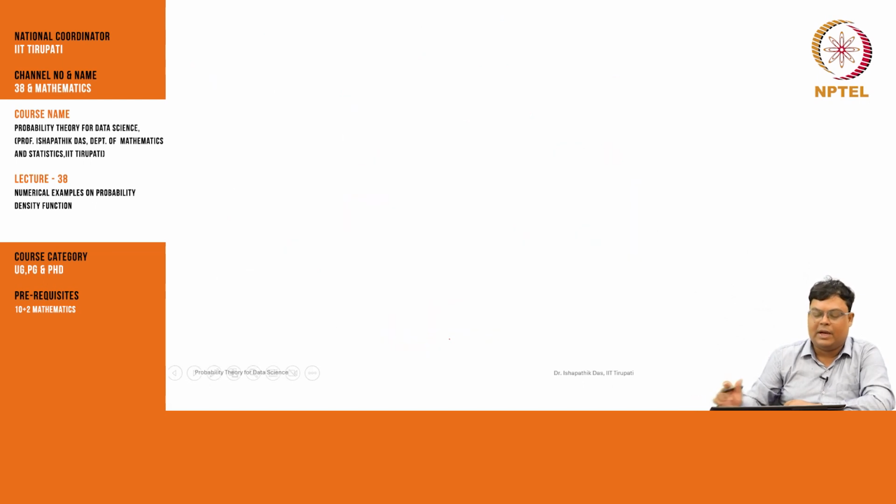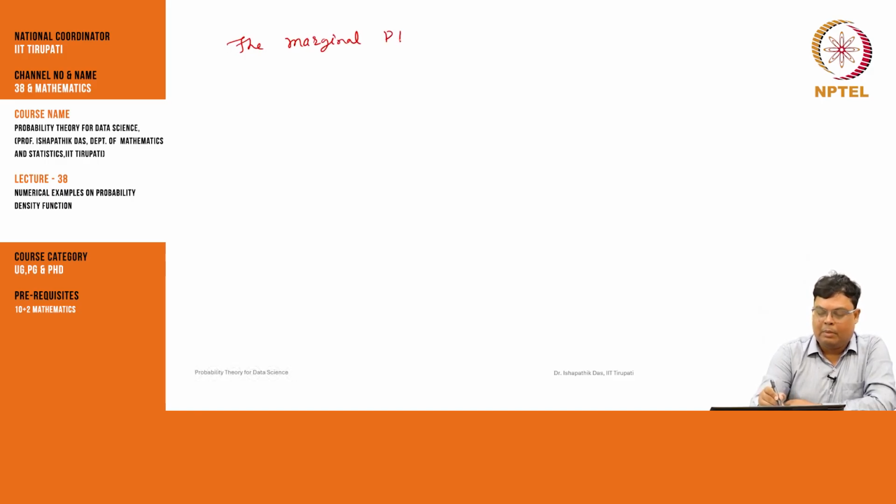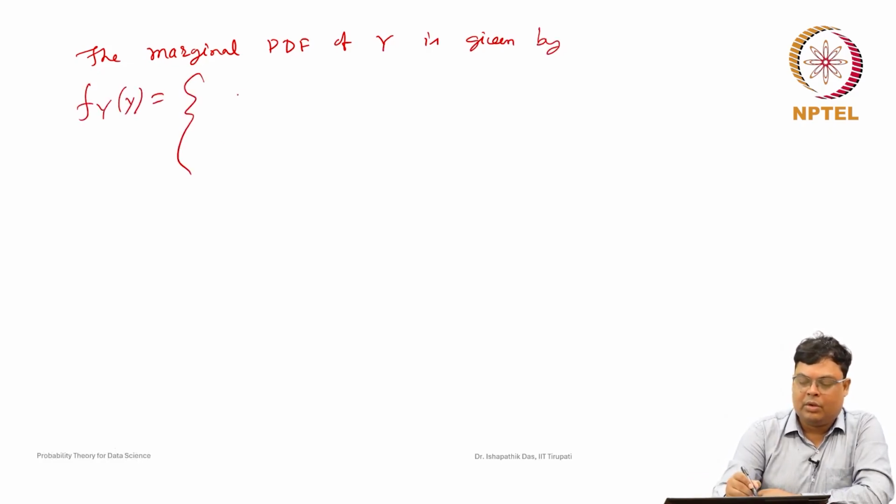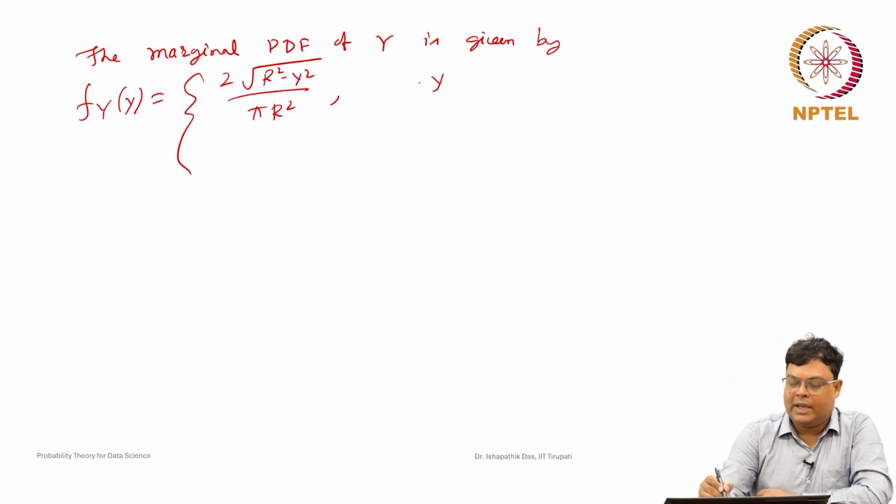So finally we write the marginal probability density function of y, given by f of y equal to 2 root of r square minus y square by pi r square whenever y is greater than or equal to minus r and less than or equal to plus r, and it is equal to 0 otherwise.